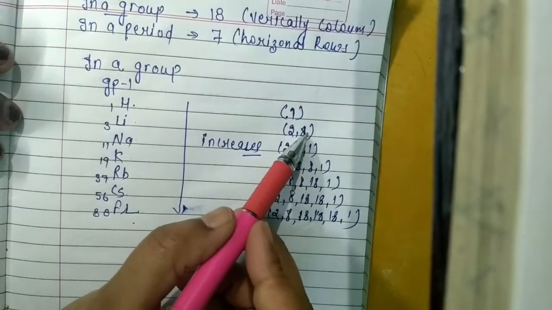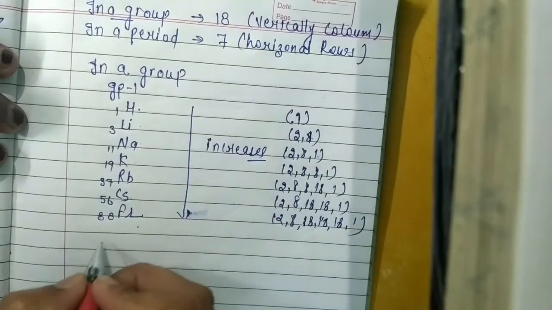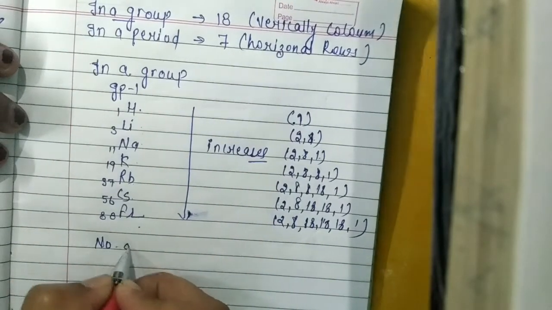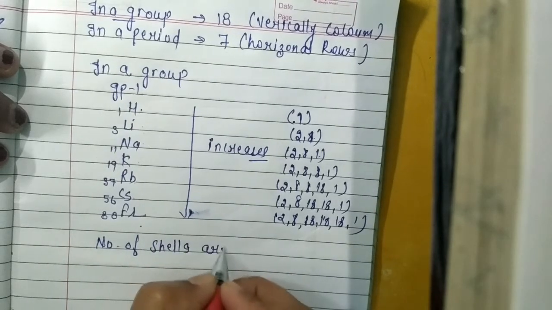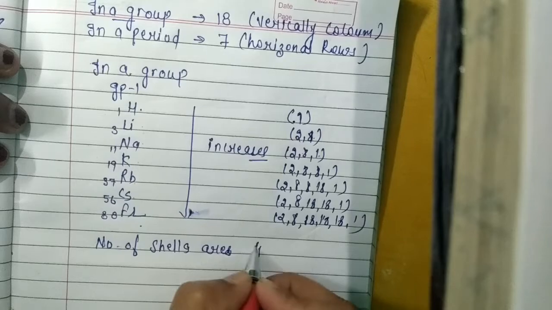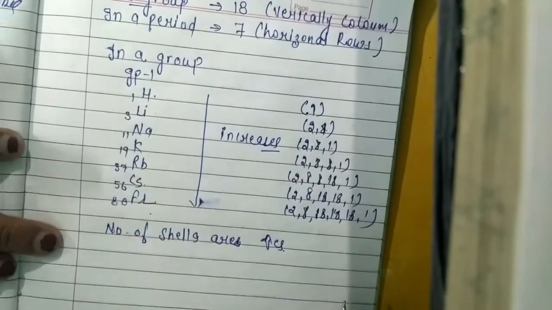In the next case, 2 shells. In the next, 3, 4, 5. The number of shells increases. The number of shells increases.